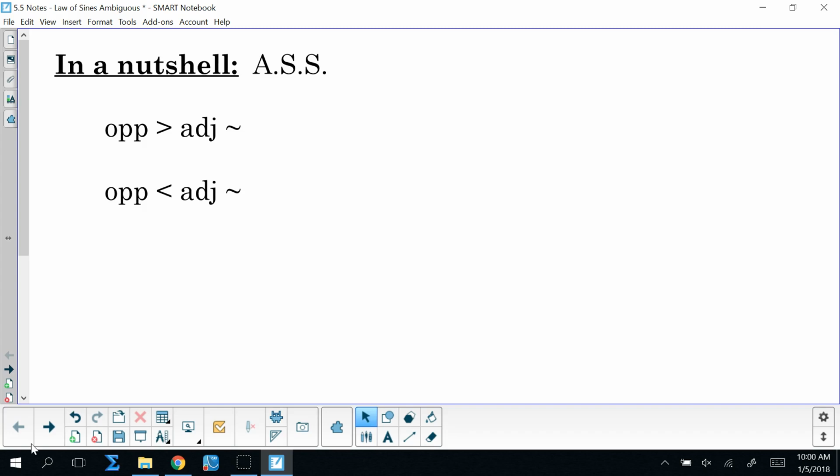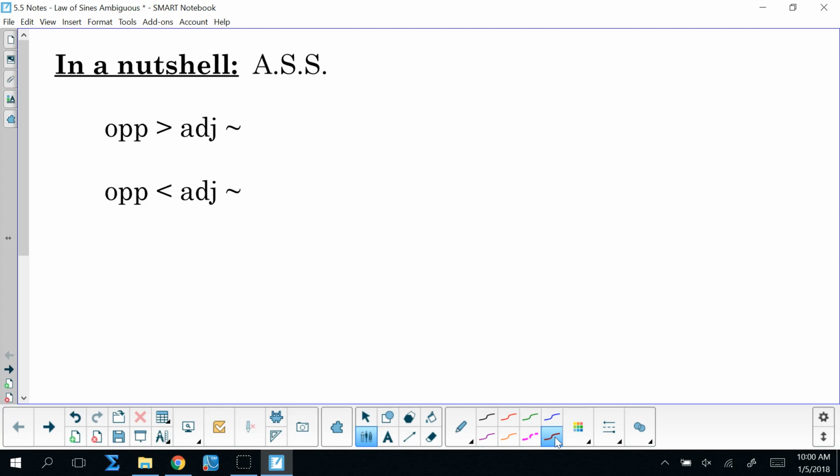Today, I would like to continue on in the ambiguous case of the law of sines. I want to pick up where we left off yesterday, figuring all of this stuff out.